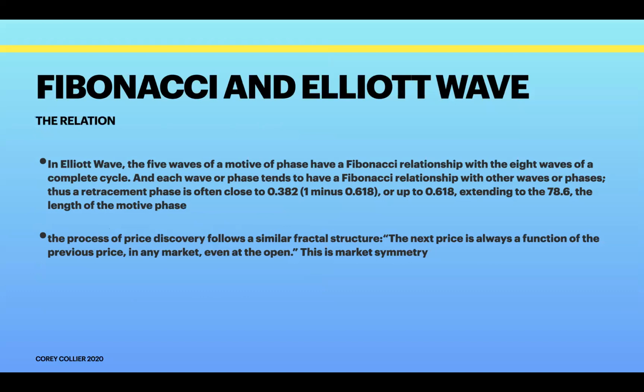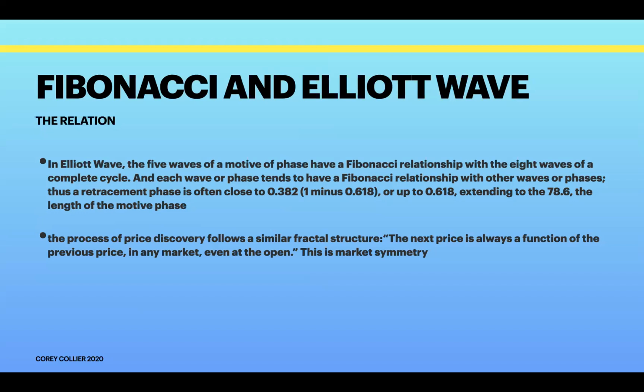All right, so the Fibonacci and Elliott Wave relation, again, and I'm going over this twice, guys, because it's important to understand. In Elliott Wave, the 5 waves of a motive phase have a Fibonacci relationship with the 8 waves of a complete cycle. So what that means is the five impulse waves create one trend.